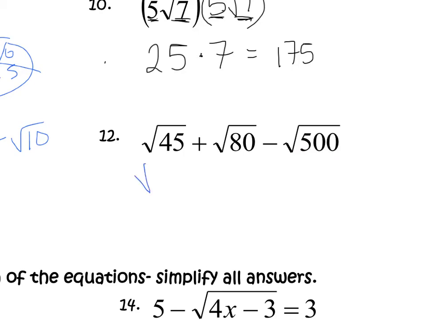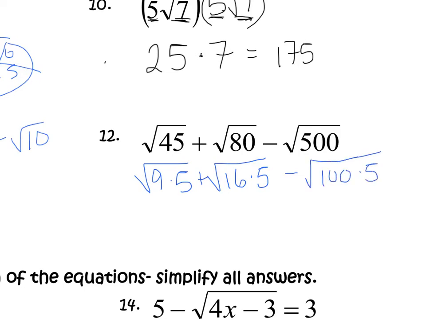Okay, 45 is 9 times 5. 80 is 16 times 5. And 500 is 100 times 5. If you see something consistent like that, 5, 5, 5, that might be a hint to you of what you should look for to divide by.